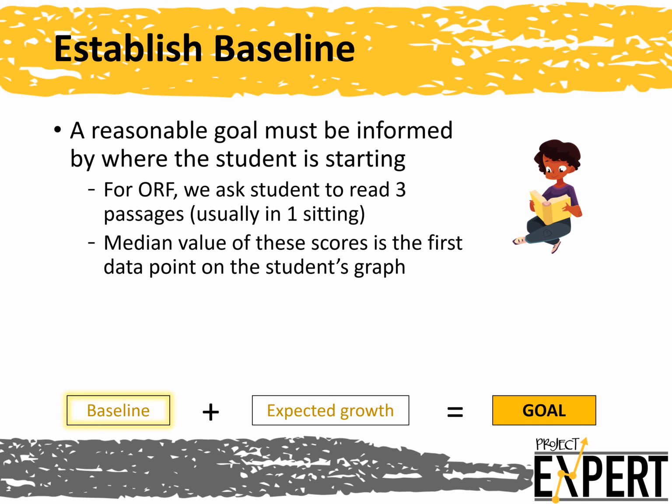The median or middle value of these scores will be the first data point on the student's graph. If you can't take the median, average the middle scores. In this example, the student read 45, 35, and 40 words correct per minute. The median of these 3 is 40, so this is that student's baseline.